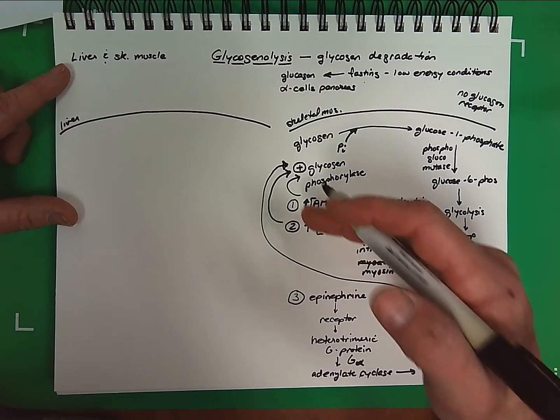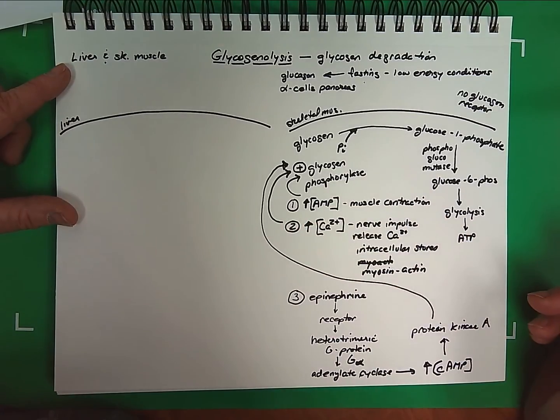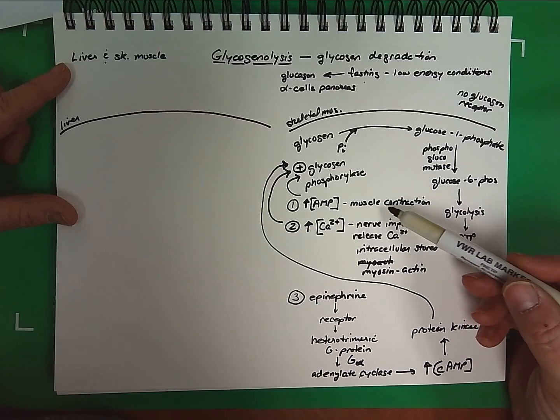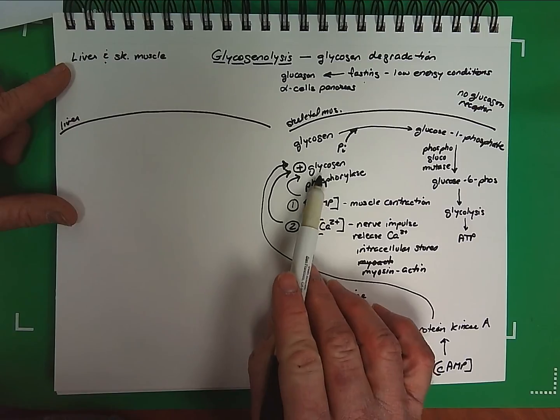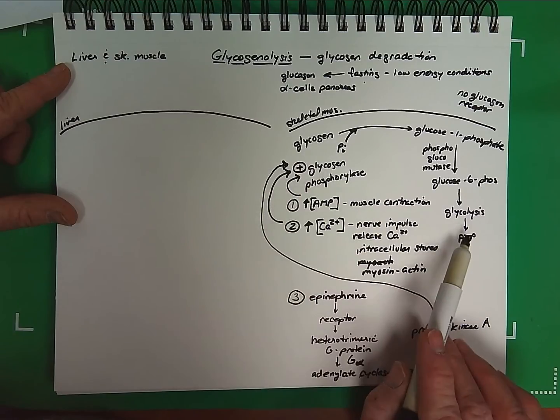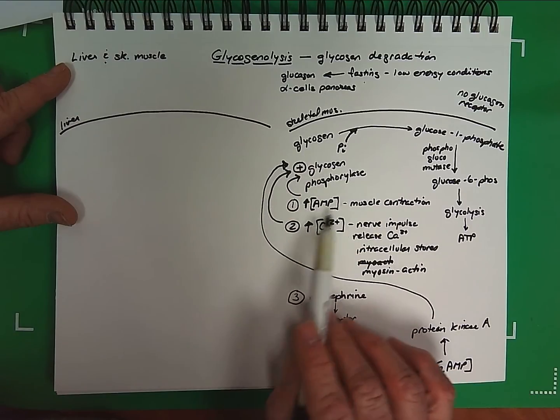Now, why do we have three separate steps here for activation of glycogen phosphorylase in skeletal muscle? Well, simply because we are ramping up the activity of glucose released from the stores. So when we have small amounts of muscle contraction, we're generating a little bit of AMP. We want just a little bit of glucose released to regenerate our ATP.